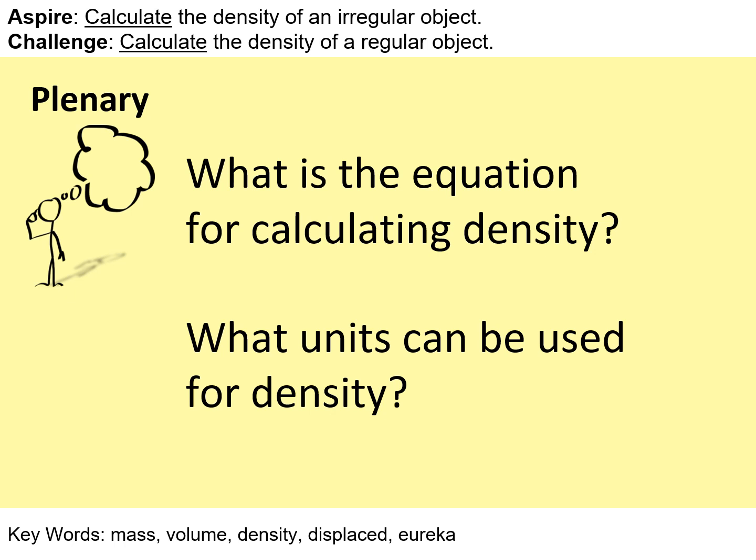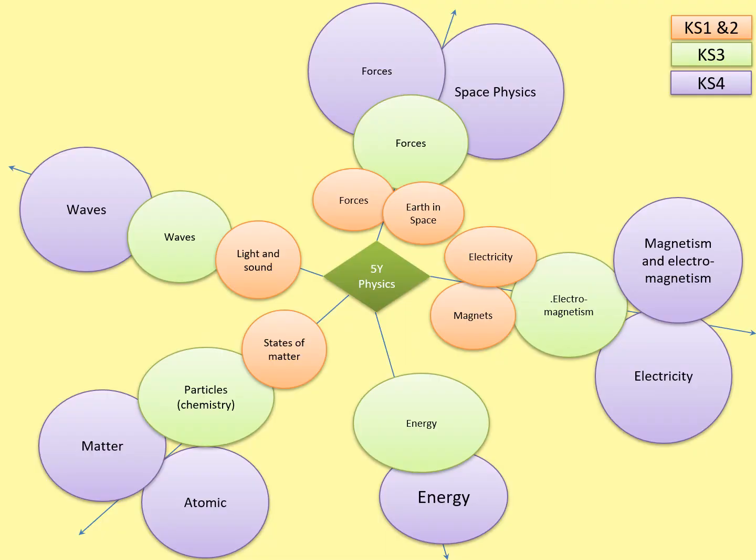So what we should have for the density is density equals mass divided by volume, and the units for density is kilograms per meters cubed. That is the end of this lesson. We are going to move on to the next lesson.